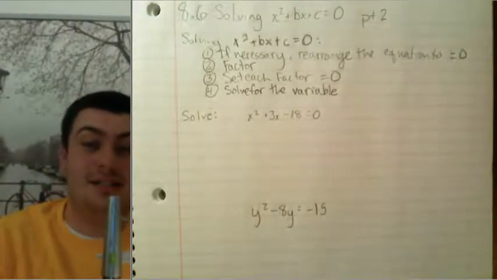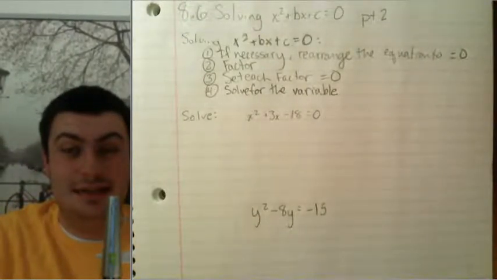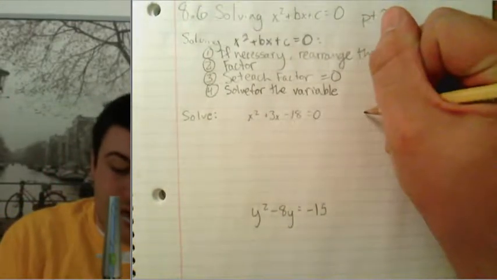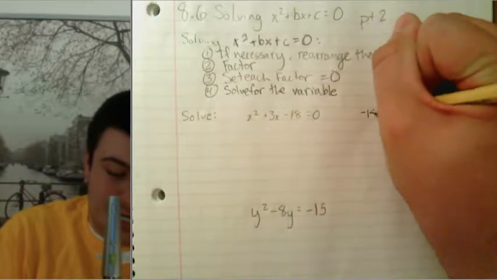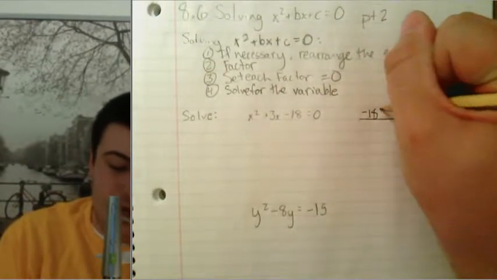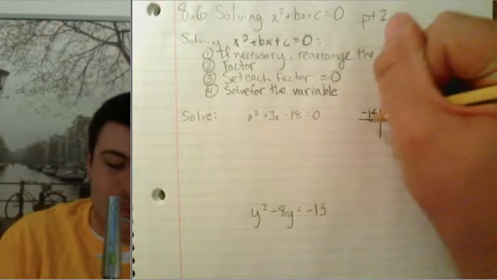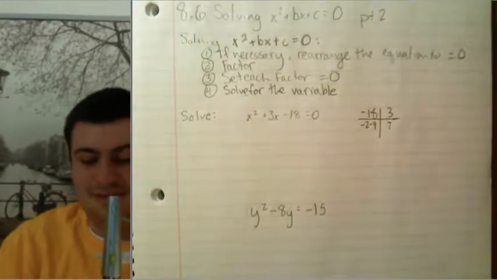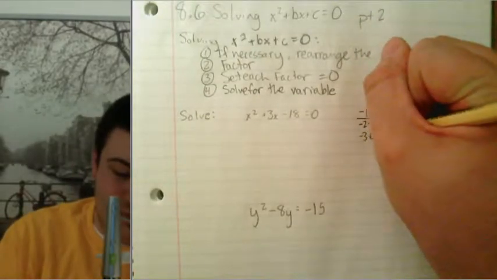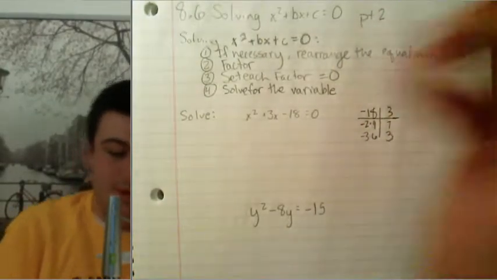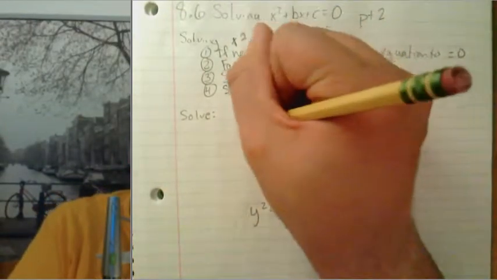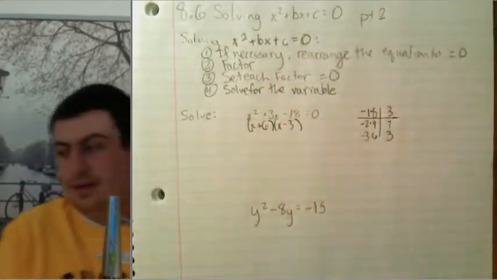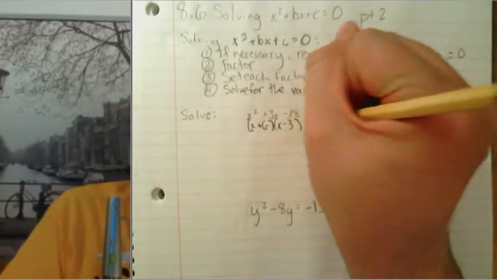So if we look at x squared plus 3x minus 18 equals 0, we need to find what multiplies to negative 18 that adds to 3. Well, what multiplies to negative 18? We could have negative 2 times 9, but that adds to 7. If we have negative 3 times 6, oh, that adds to 3. So we're going to have x plus 6 and x minus 3 equals 0.